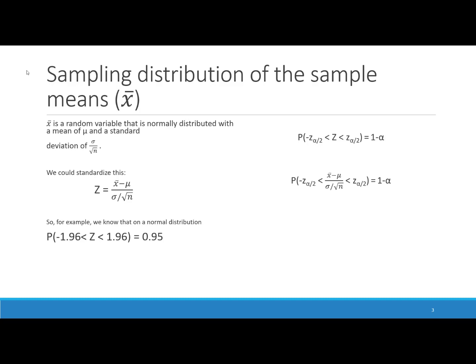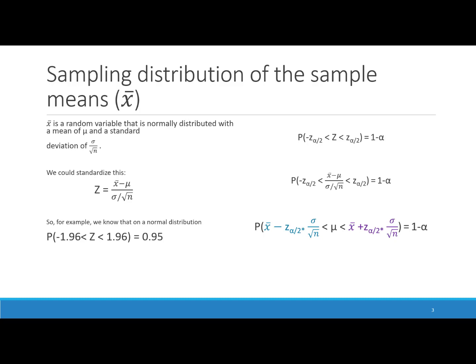We could then, because we know that z equals x bar minus mu over sigma over square root of n, substitute that back in for z. We could use a little algebra and set mu in the middle because that's what we want the confidence interval for, and rearrange the terms algebraically.